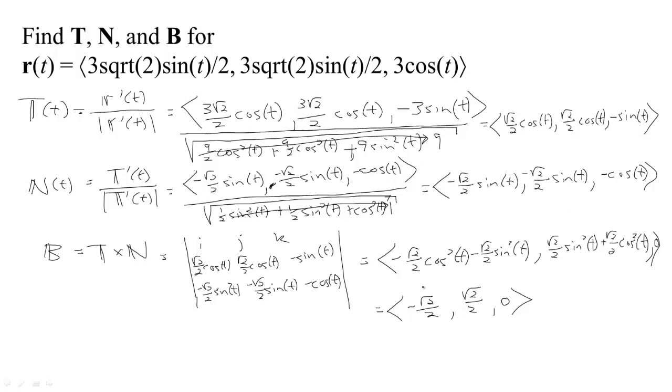So that makes 0. And check the dot product of B with T, and we get minus 1/2 cosine and plus 1/2 cosine and 0. So this B is perpendicular to both N and T. So that's a good indication that we've done the cross product at least correctly. So we've got our unit tangent, our unit normal, and our binormal.